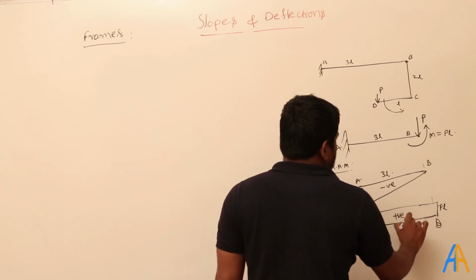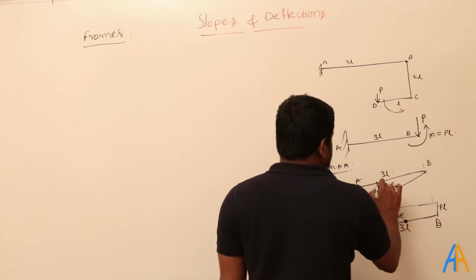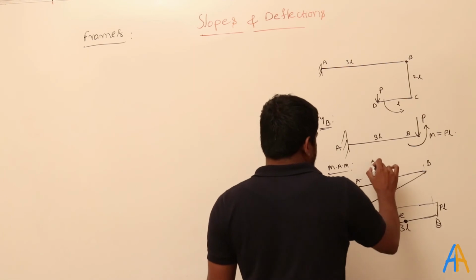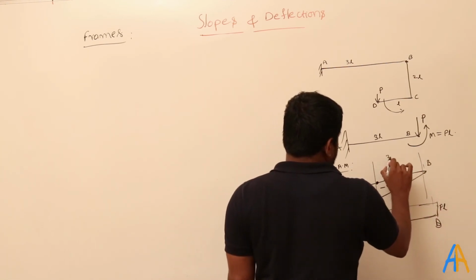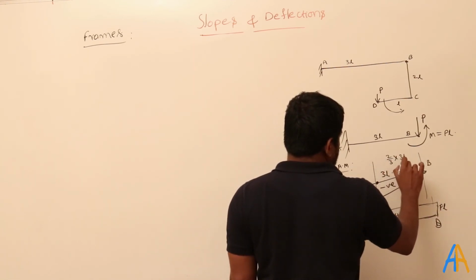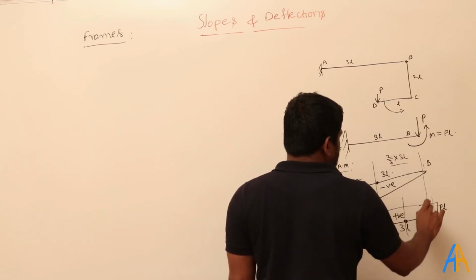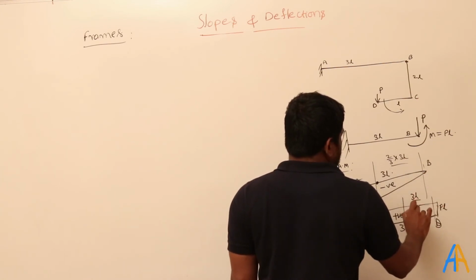Now I need to find the centroid. This is A, and the centroid of this triangle: from here to here, the centroid is 2 by 3 into 3L, and from here to here, it is 3L divided by 2.